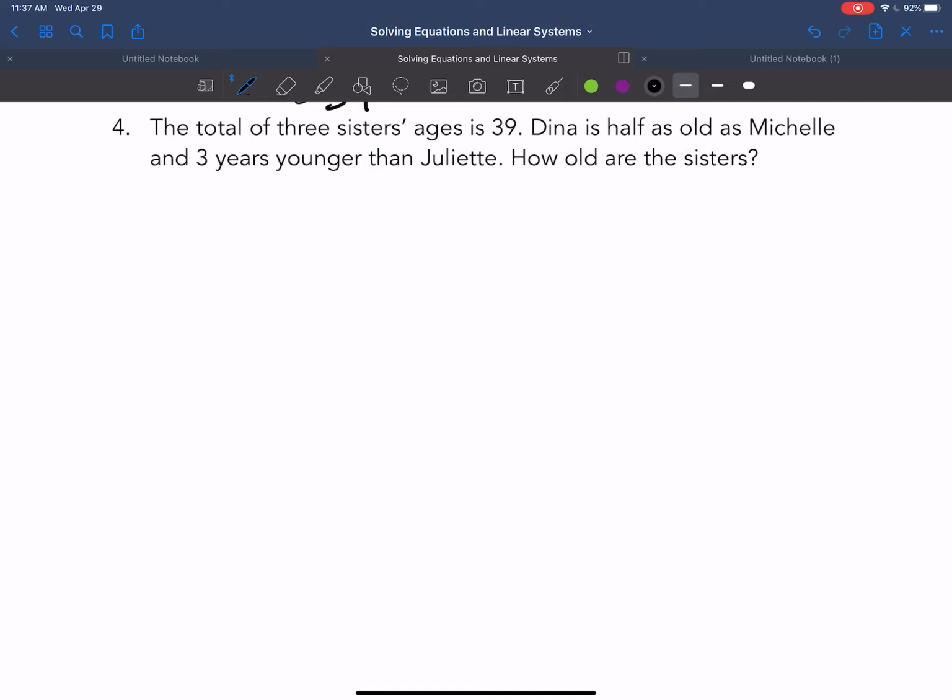I'm going to say that let Dina, D, represent Dina's age. Okay, so D is Dina. So that's the thing I don't know, right? I don't know Dina's age, but I know that Michelle is something compared to Dina. I know that Juliet is something compared to Dina. So if D is Dina's age, let's look at the rest.